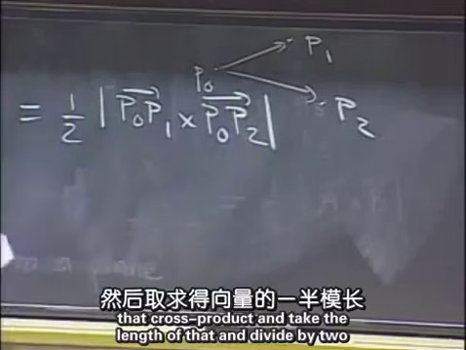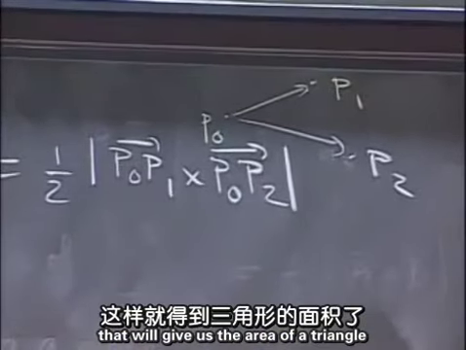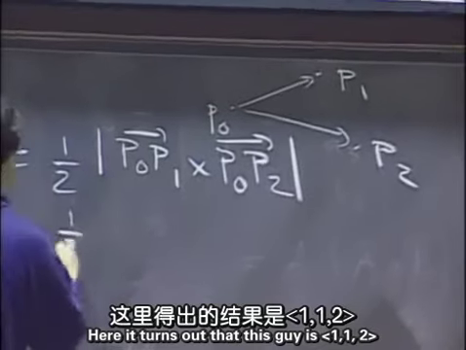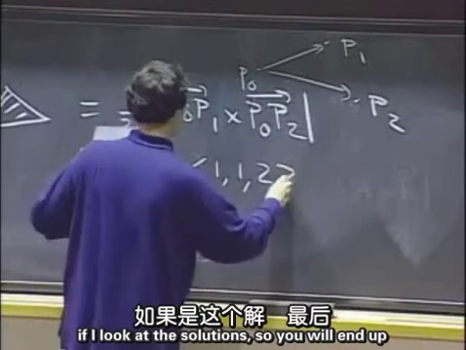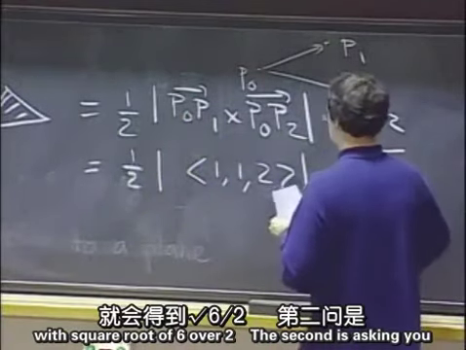And if we take that cross product and take the length of that and divide by 2, that will give us the area of a triangle. So here, turns out that this guy is 1, 1, 2, if I look at the solutions. So you will end up with square root of 6 over 2.